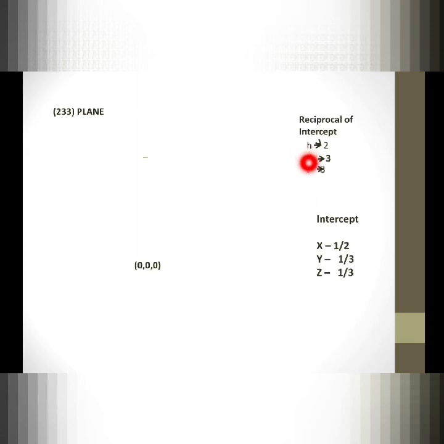So the intercepts are the reciprocal of 2, that is, on the x-axis the intercept is half, on the y-axis, where k is equal to 3, the intercept is 1 by 3, and on the z-axis, L is equal to 3, so the intercept is 1 by 3.